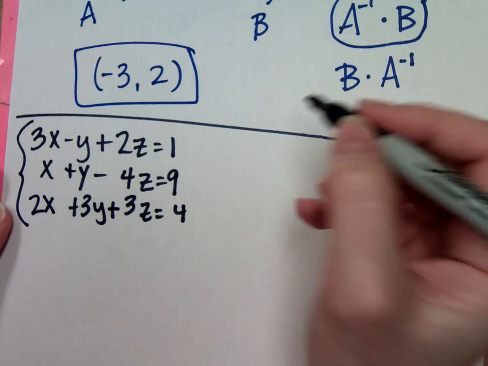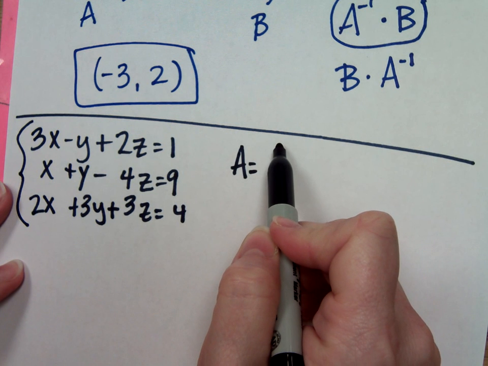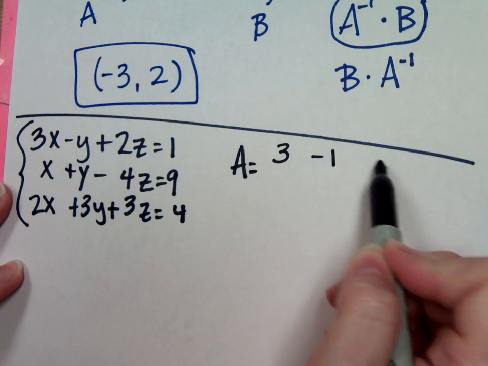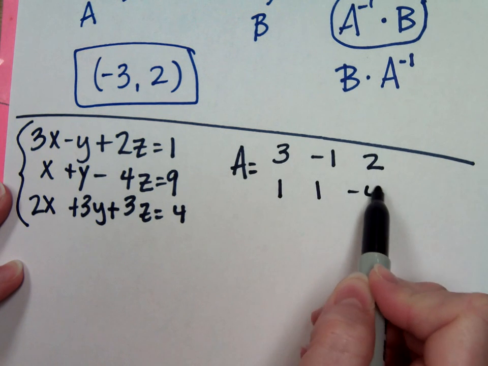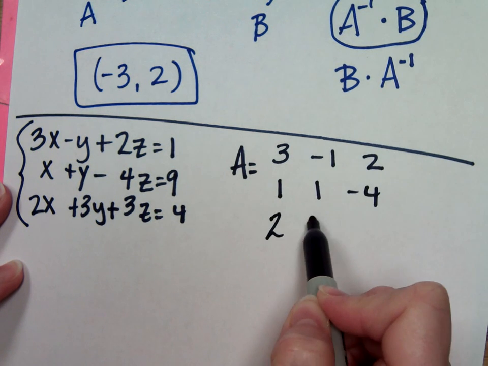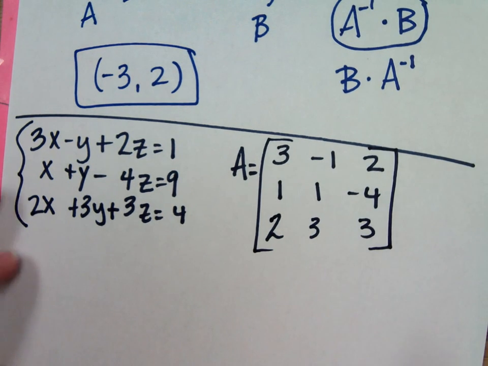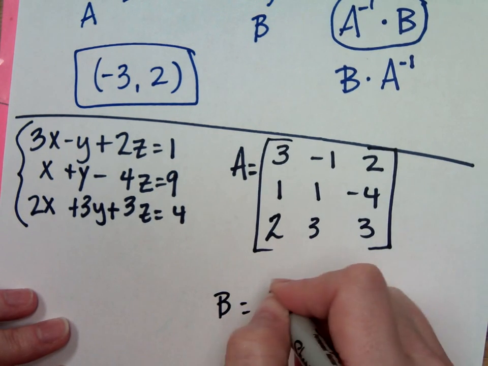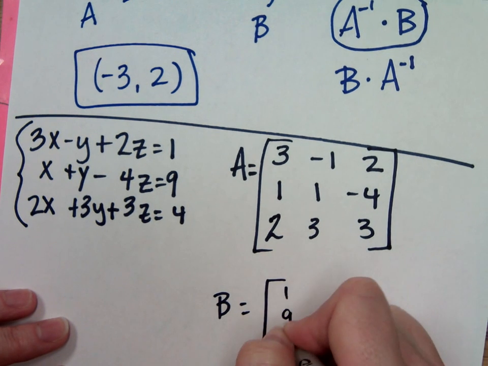Okay, what am I going to put in for matrix A on this one? 3, -1, 2. 1, 1, -4. 2. And then my matrix B is going to be what? That's right.